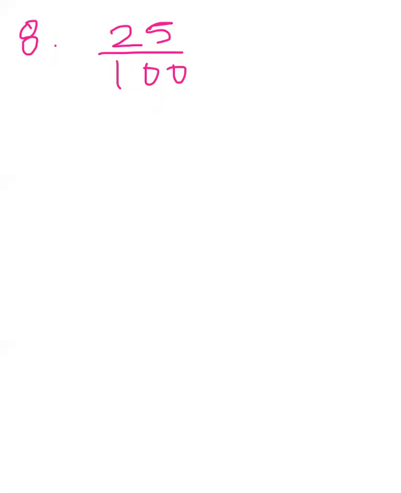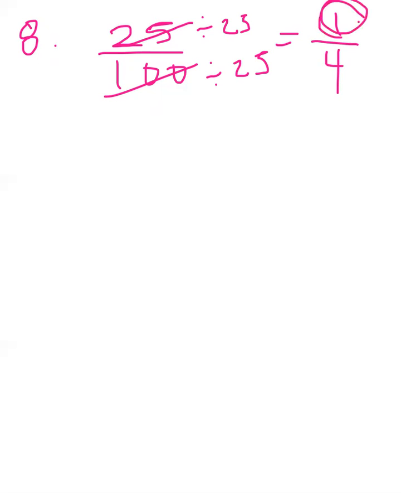So I know that we can reduce this by 25. So divide by 25 and divide by 25. We get 1 over 4. So that would be our answer. And we cannot convert it into a mixed fraction because our numerator is not greater than our denominator.